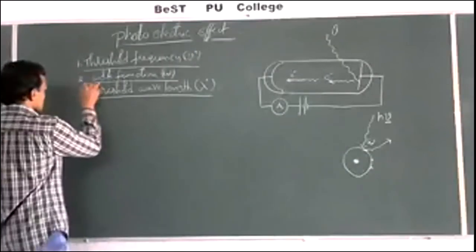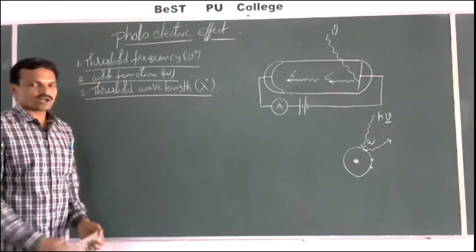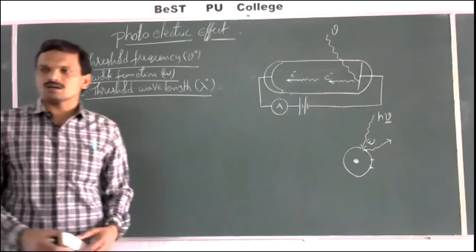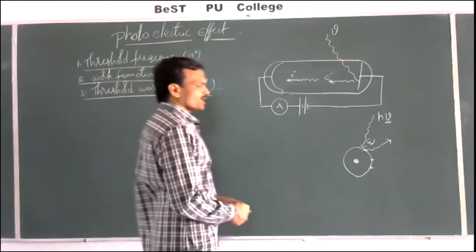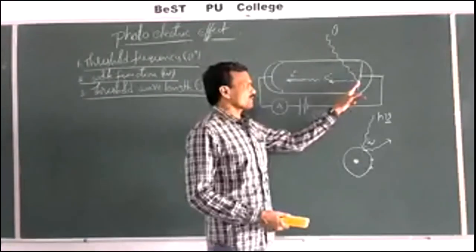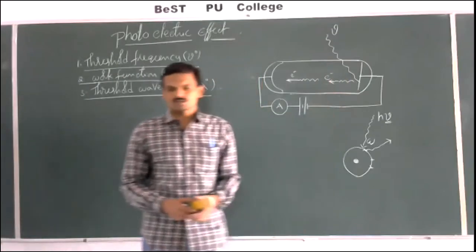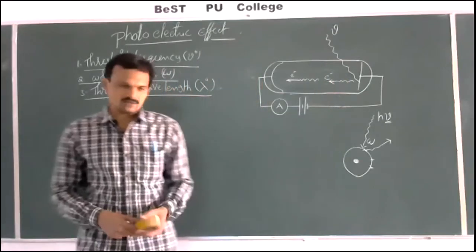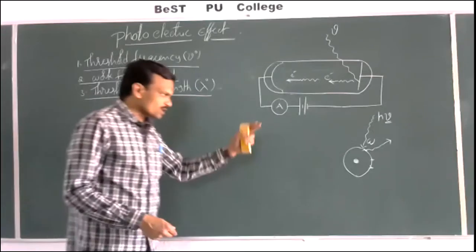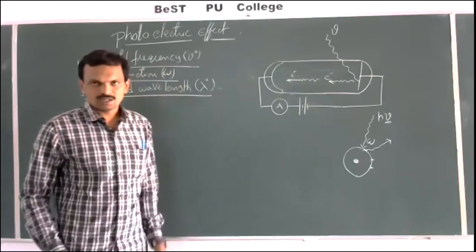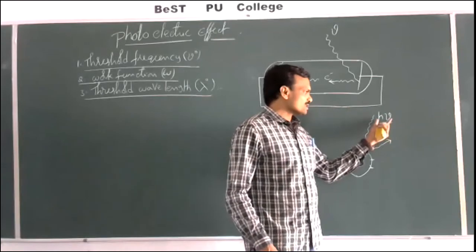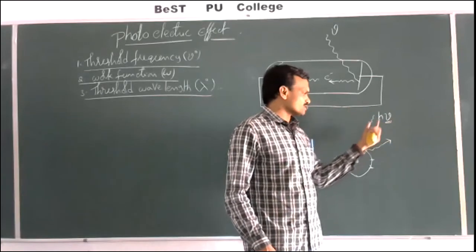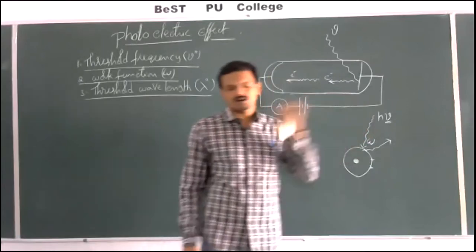That is what we discussed yesterday. So work function is the minimum amount of energy required for the ejection of electrons from the surface of a metal. Then what about the remaining energy? In the total energy, that is in h nu, some amount of energy is utilized for the removal of the electron.